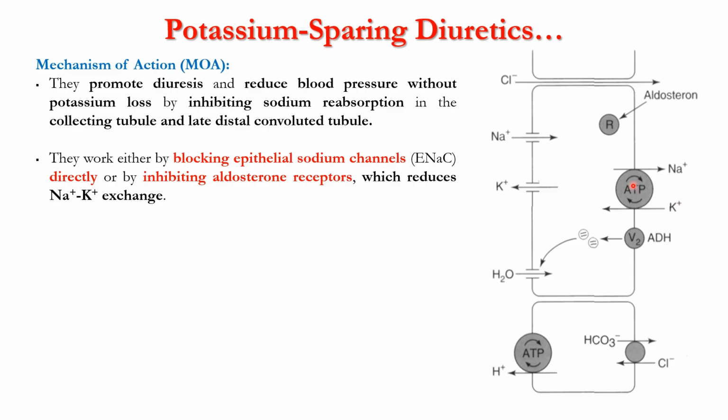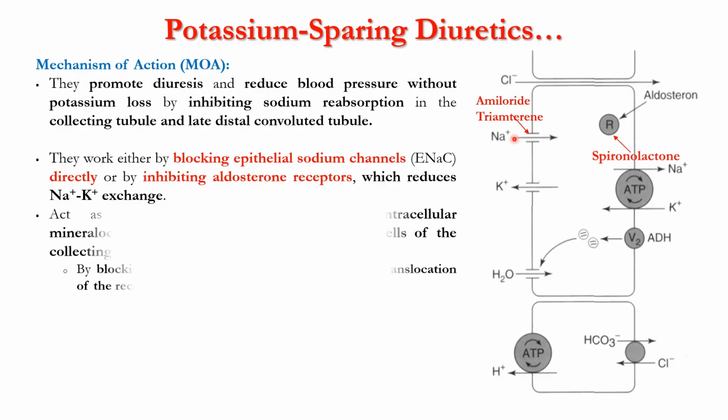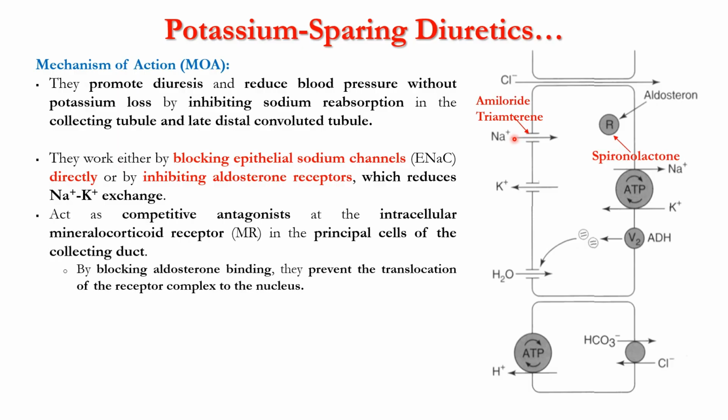So for the case of the epithelial sodium channel inhibition, they act here, so they can inhibit the reabsorption of sodium ion. They can act as competitive antagonists, specifically when they act as aldosterone antagonists at the intracellular mineralocorticoid receptors. That is here.